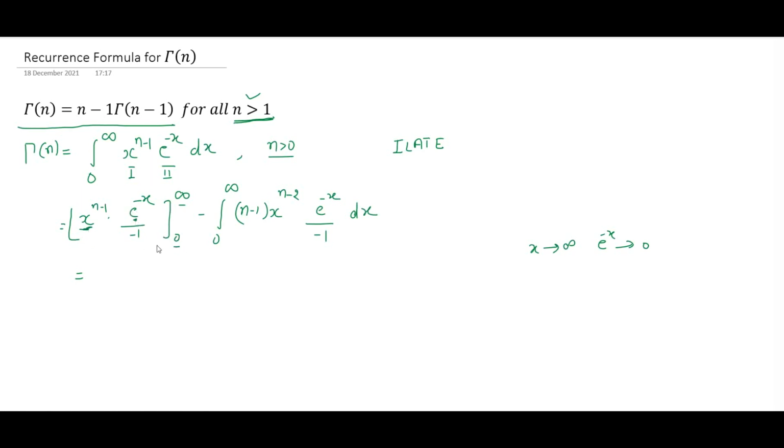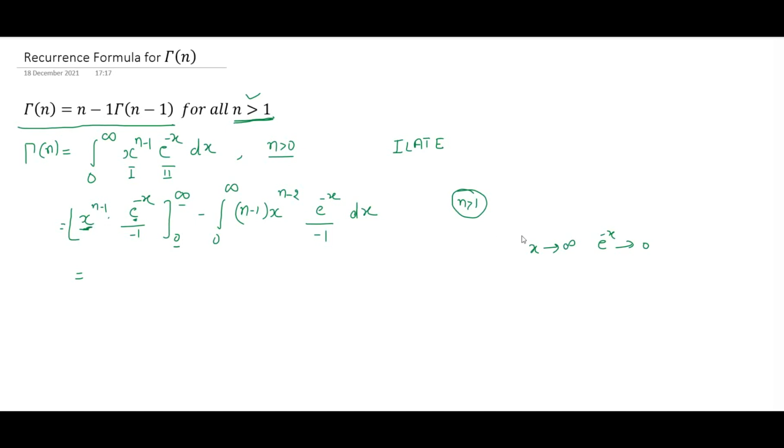But here is the rule that if n is greater than 1, then when you put x equal to 0, x raised to power n minus 1 will be 0, because if n is greater than 1, this power remains positive, and putting x equal to 0 gives 0.